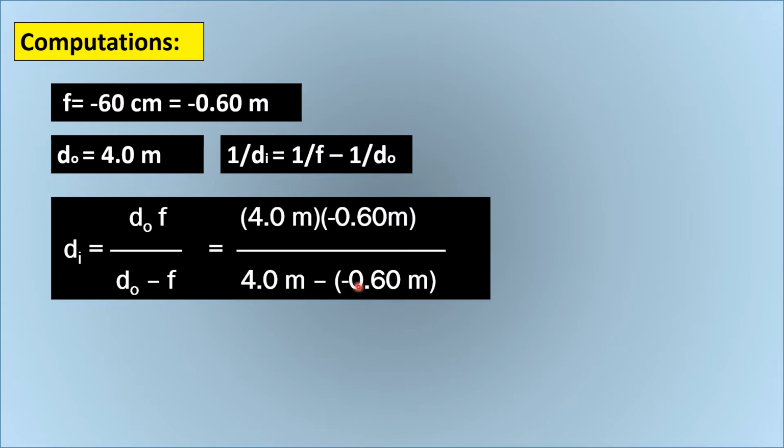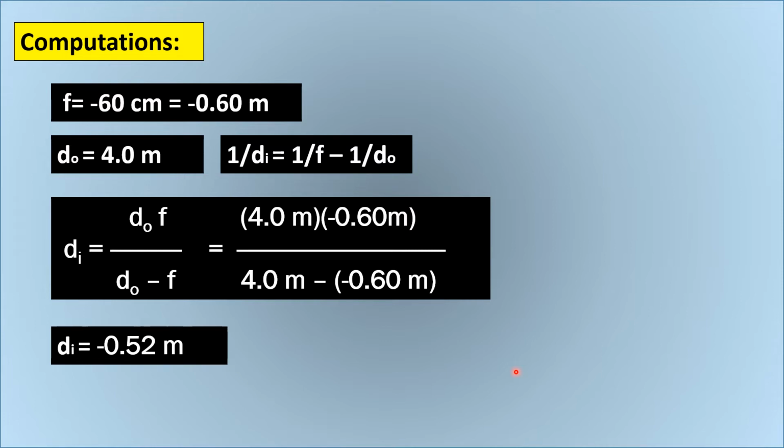Take note that in the denominator we have a double negative, so that when we do our algebra, our result for the image distance will be negative 0.52 meters. So that is the value of the image distance.